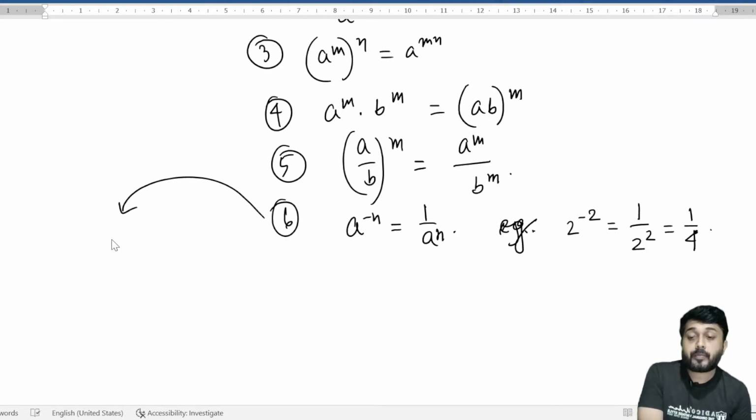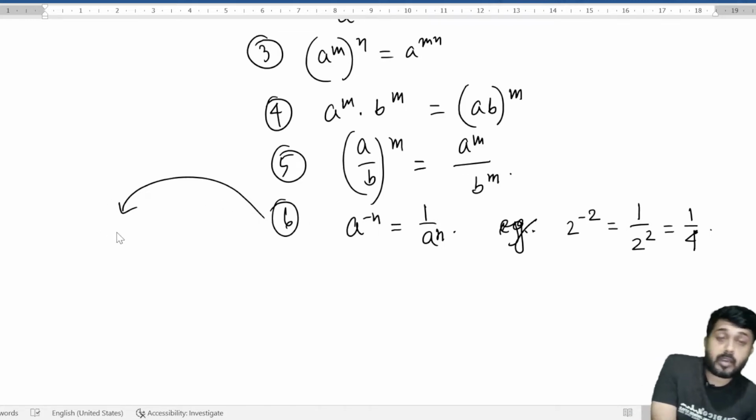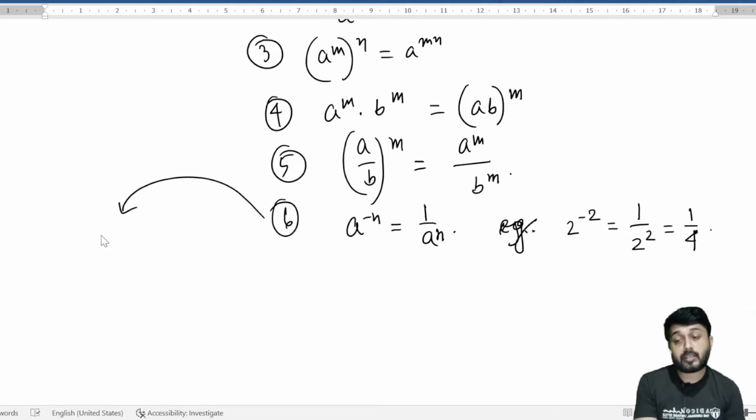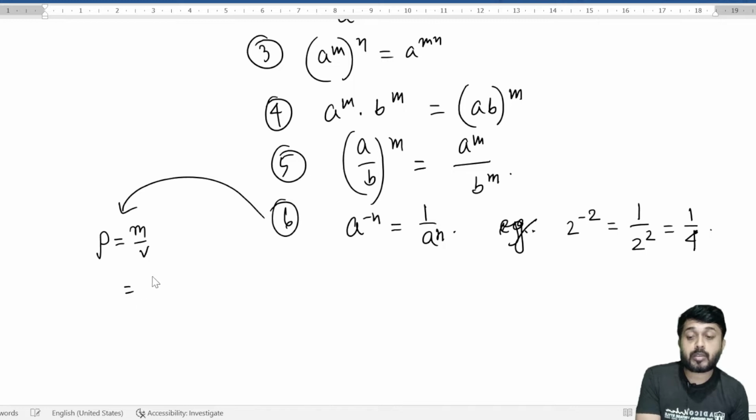One such example from physics I may give you is in deriving the unit of density. What is density? Density is equal to mass by volume, right? So what should be the unit of mass? SI unit kg. What should be the unit of volume? Meter cube, right? 1 by meter cube. What does that mean? Kg meter to the power minus 3, right?